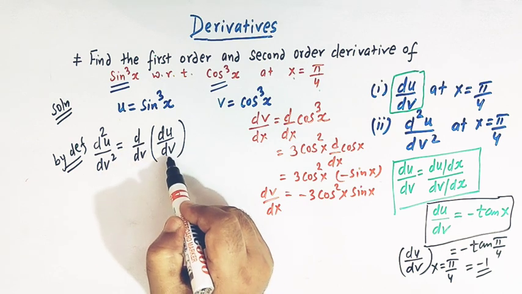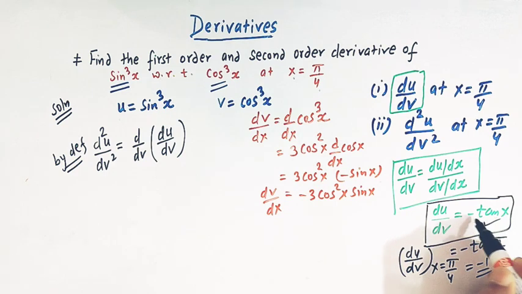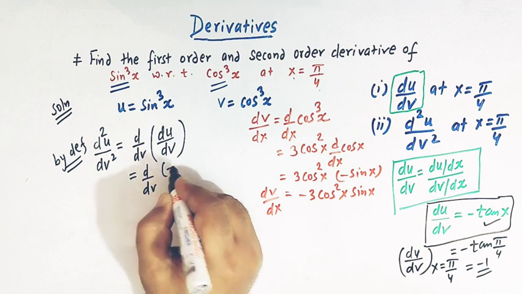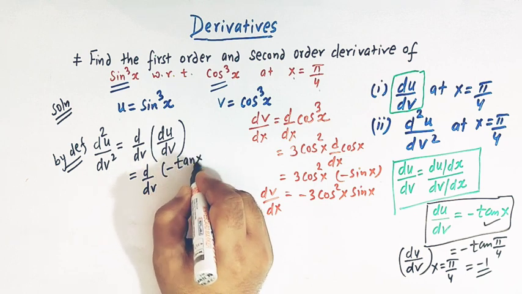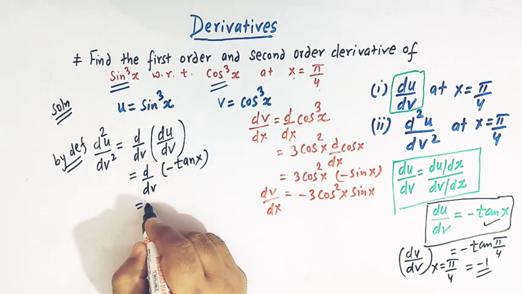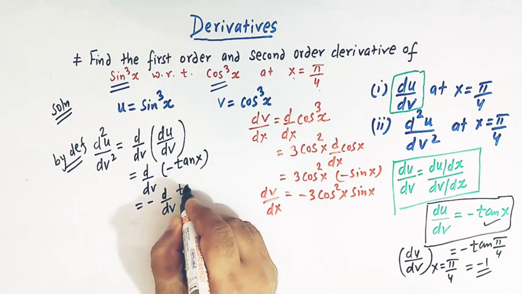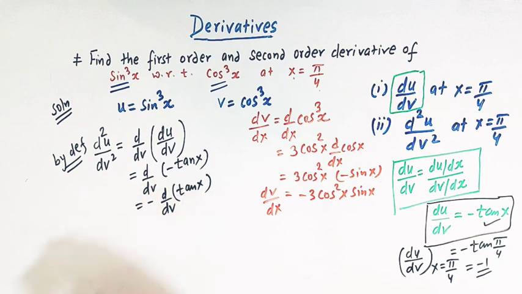Now du over dv is given as minus tan x, so here we'll write minus tan x. Now we can take this negative sign outside, so we have d by dv of tan x, right?